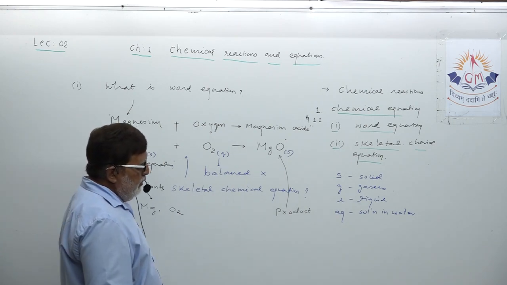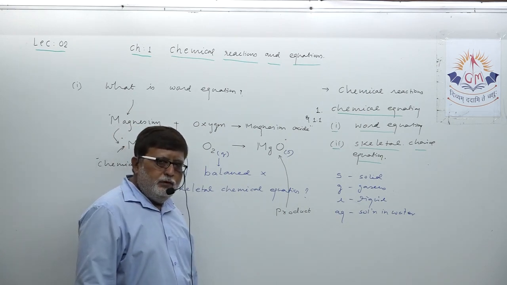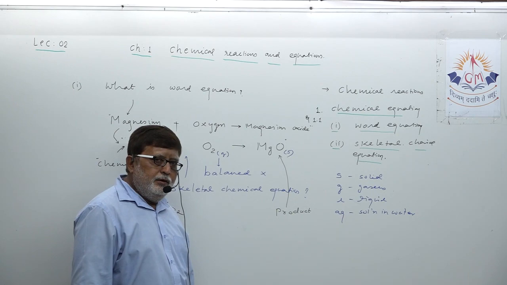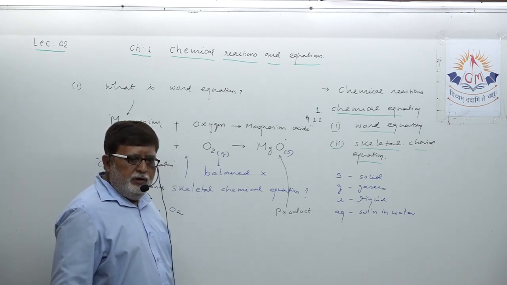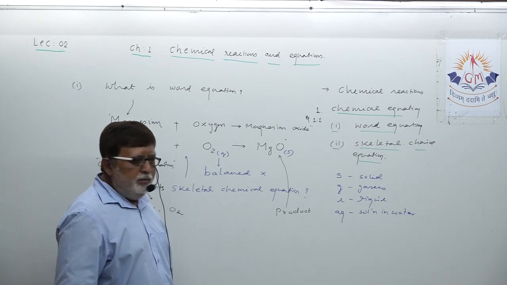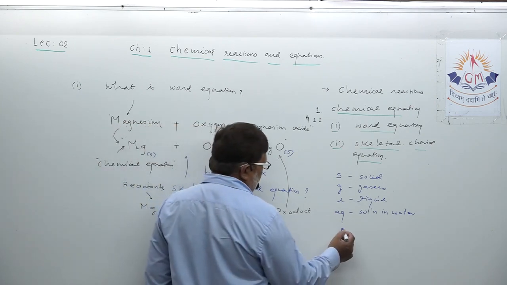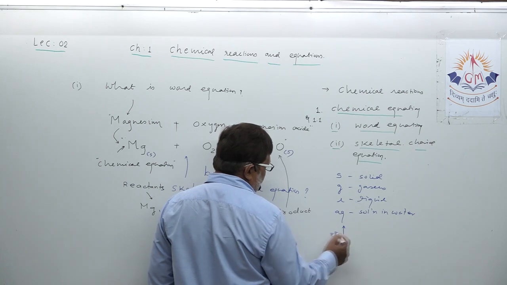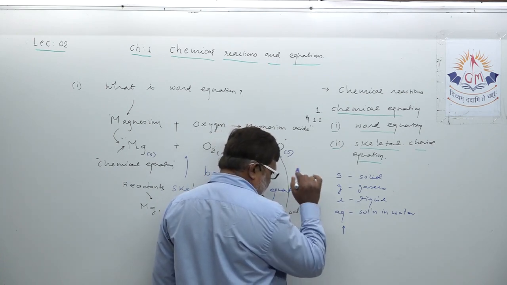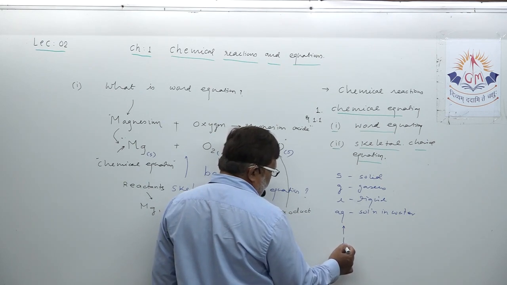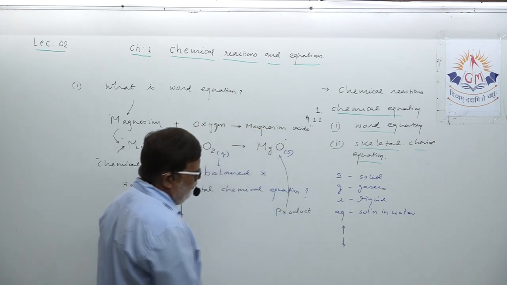If, dear student, any substance formed during a chemical reaction is escaping into the atmosphere and not becoming available as the product, we show it this way, with an upward arrow. Understand? But if any substance is precipitating, we use this particular symbol, a downward arrow.